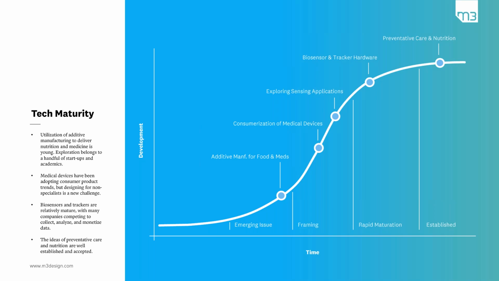And then we're seeing the consumerization of medical devices and the exploration of different sensing applications, that's starting to evolve more as people are starting to explore ideas of what those could be. But the hardware itself is actually fairly well understood. It's a little bit more developed because it's leveraging technologies that already exist. And then the ideas of preventative care and nutrition are very well established. Those are normal parts of our society.